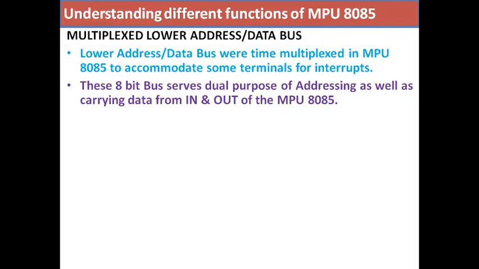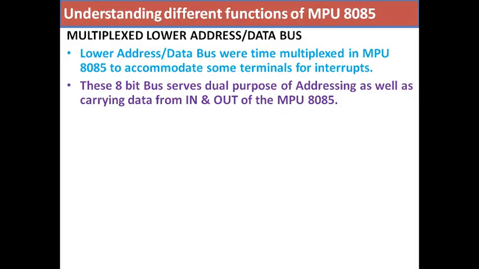To accommodate those pins, the lower order address bus, that is A7 to A0, was multiplexed with the data bus, and those 8 pins which were released were used as interrupts in 8085.